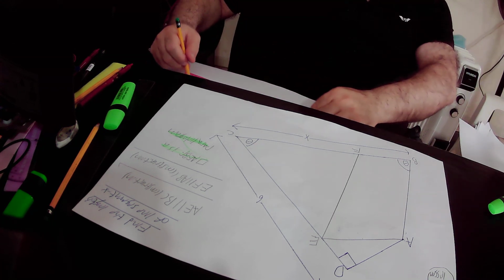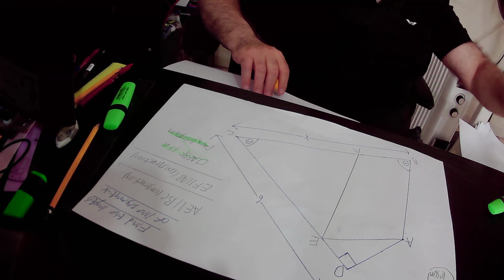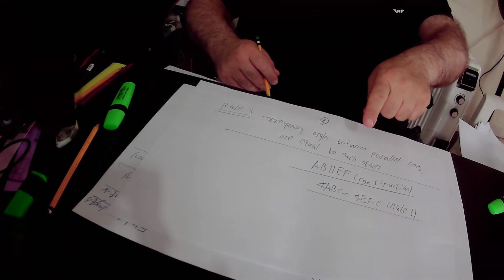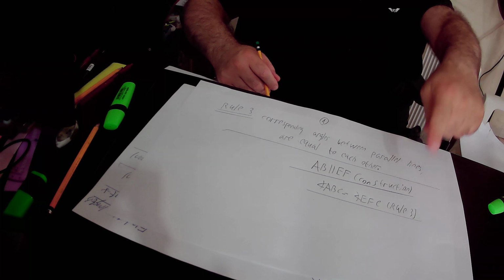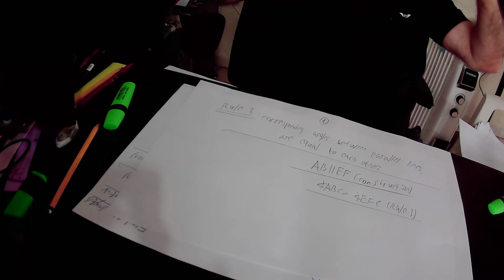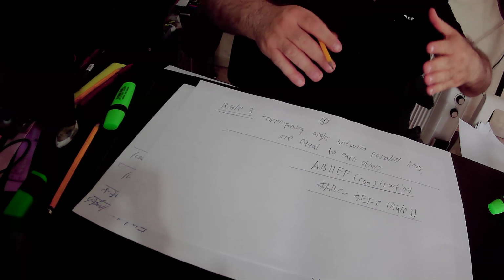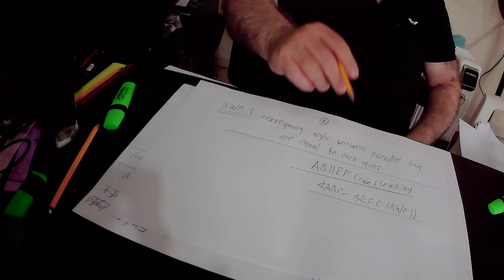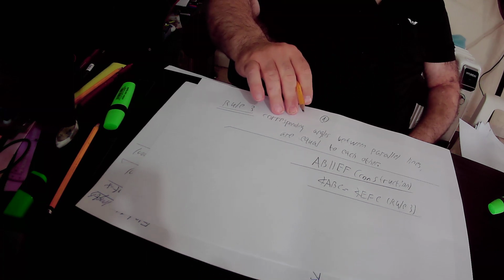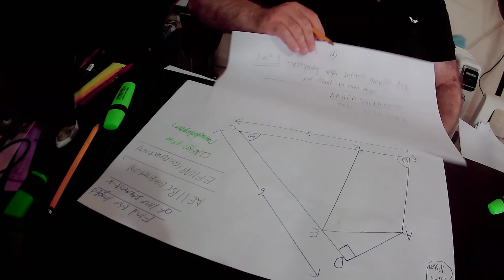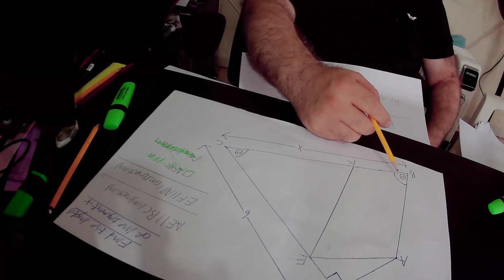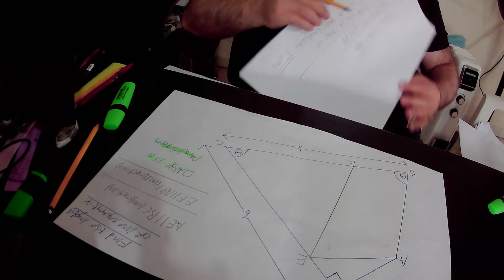I repeat again. According to rule number 3, angle ABC must be equal to angle EFC, because those two angles are corresponding angles located between the parallel lines AB and EF. But here angle ABC equals theta according to what is given in the question.